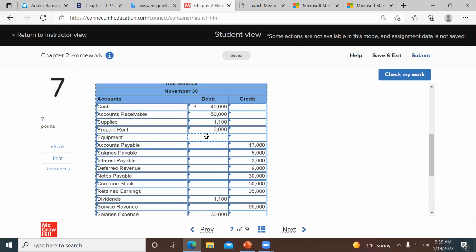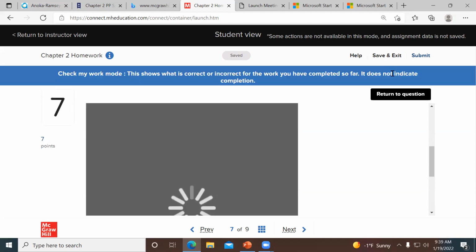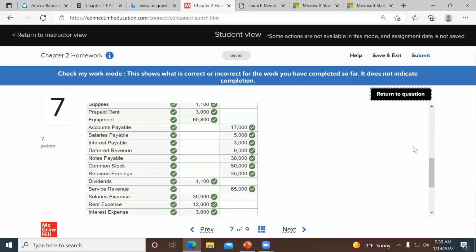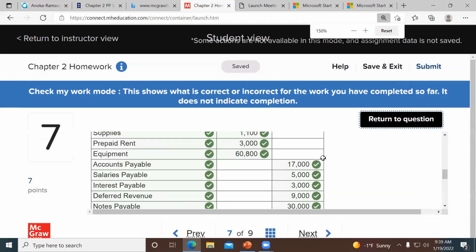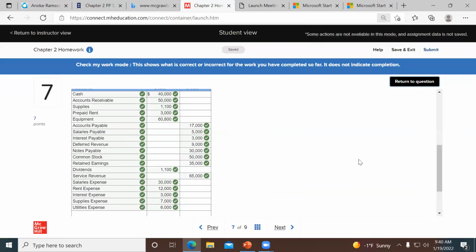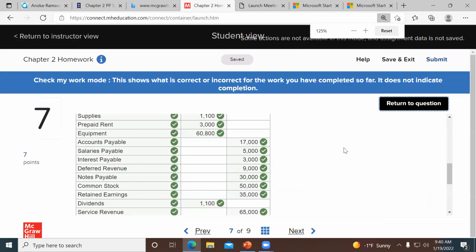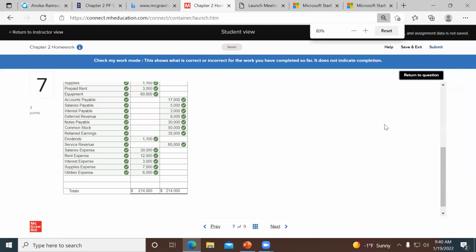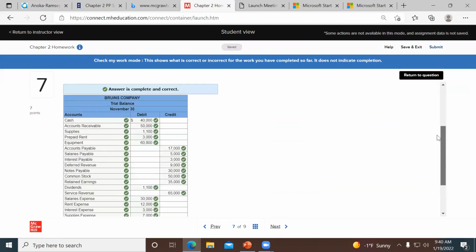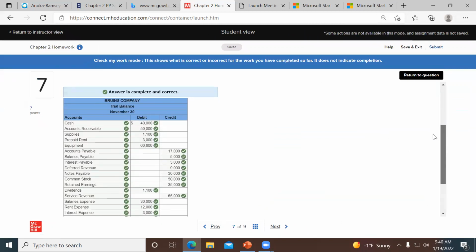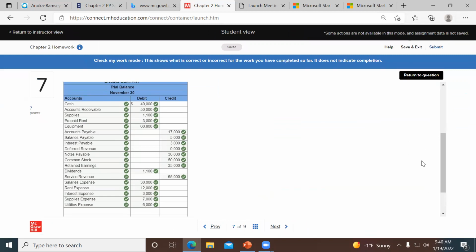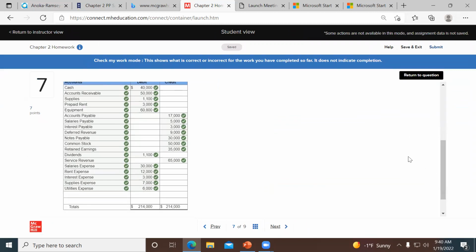Perfect. Wouldn't our equipment need to be 60,800? Does that make sense, what I'm doing, guys? If debits always equal credits, wouldn't the equipment need to be enough so our debits now equal our credits? Make sense?